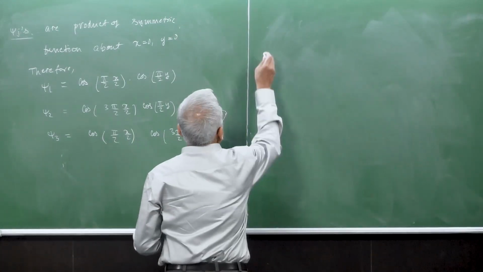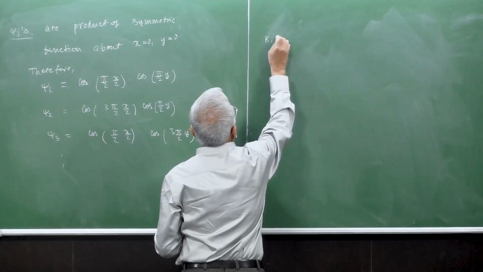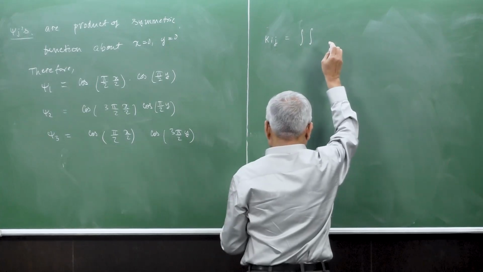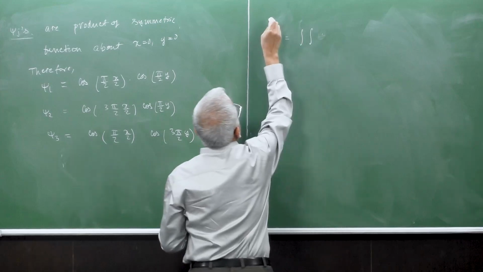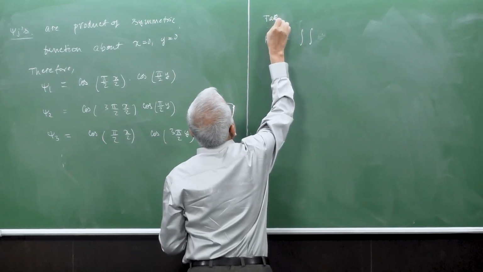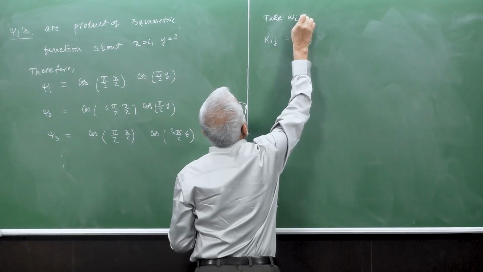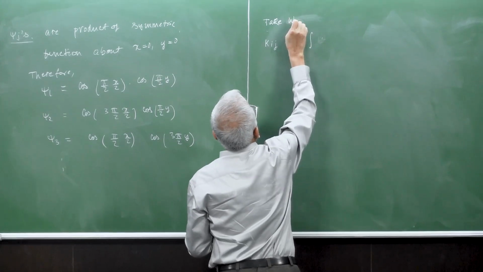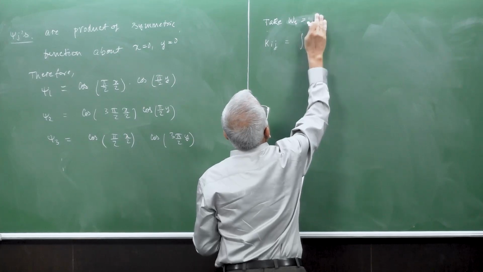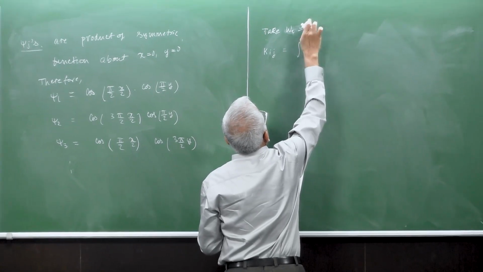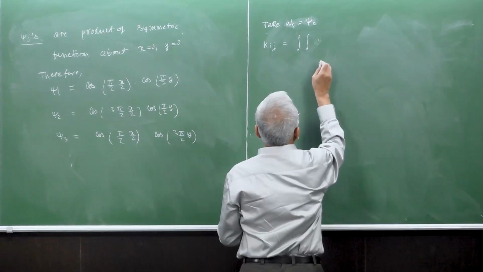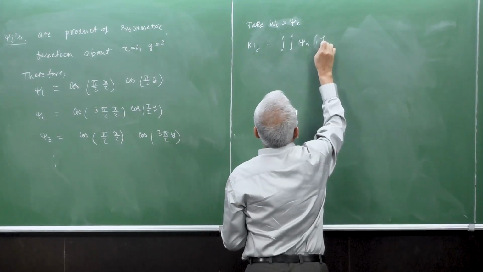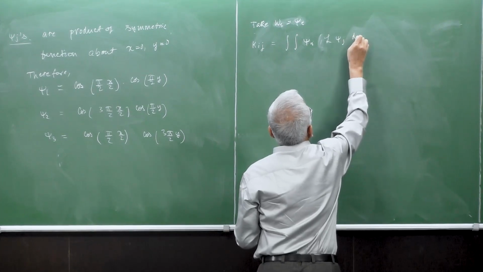So Kij is nothing but over the whole domain, and we have taken Wi equal to psi I, so we have here psi I, and this is L psi j d omega.